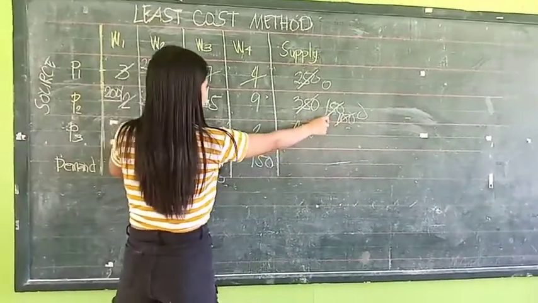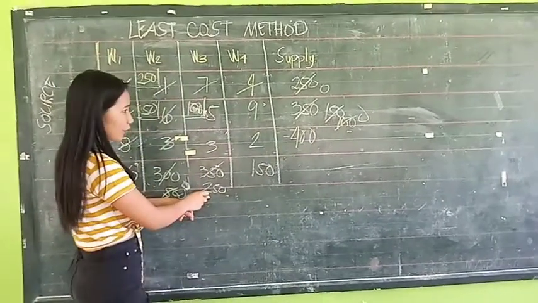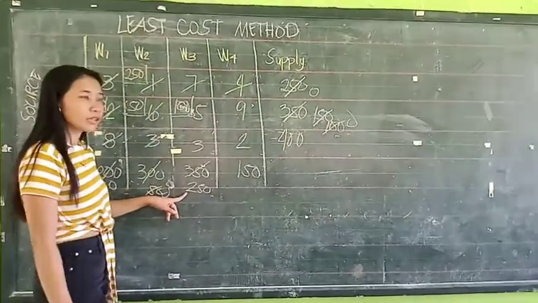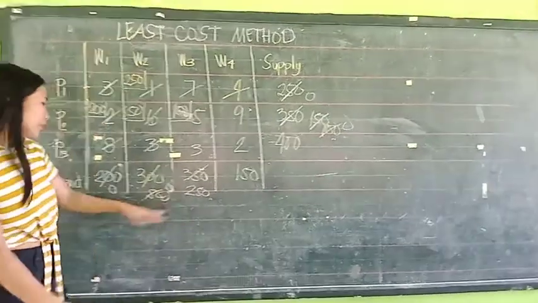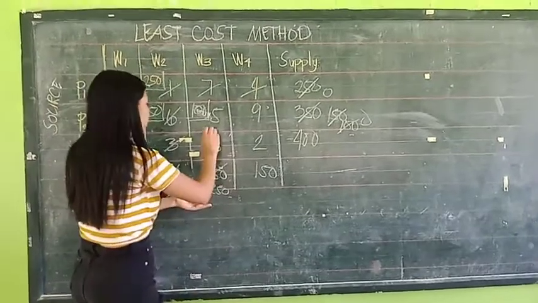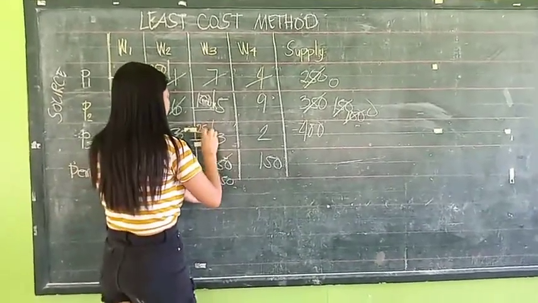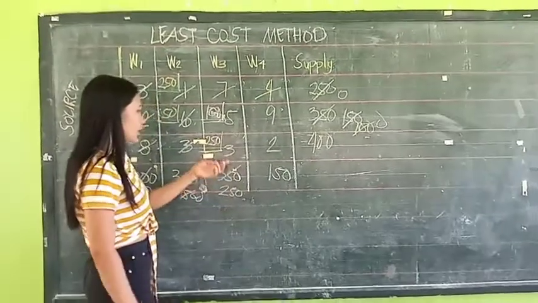Then 400 minus 250. Since the demand is our last number, we allocate 250 here in our 3.